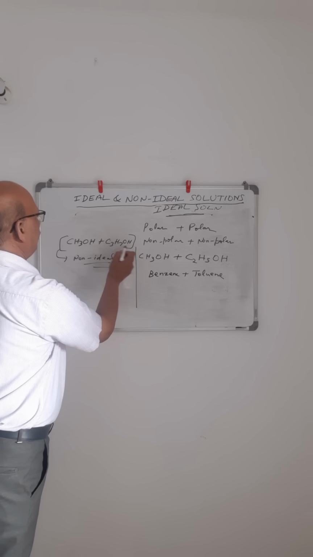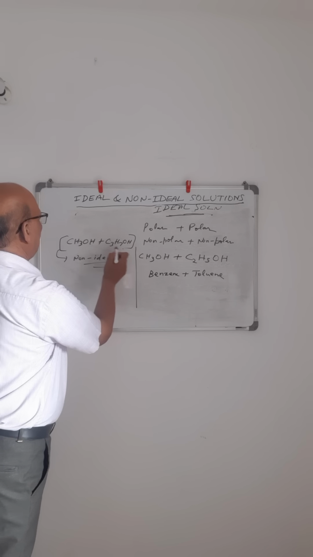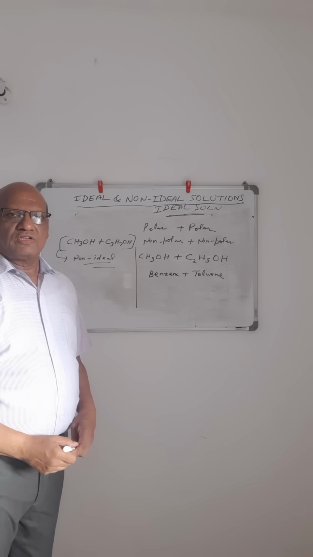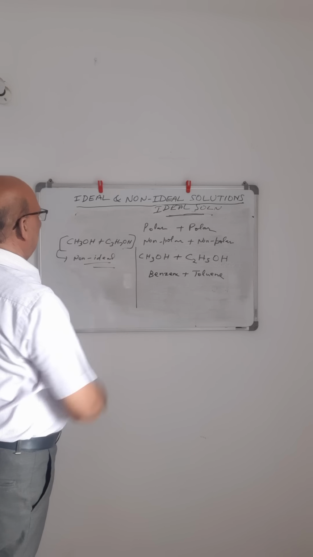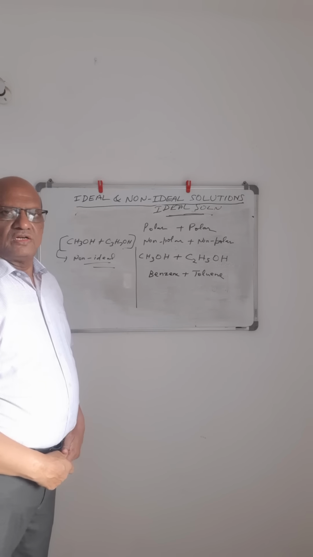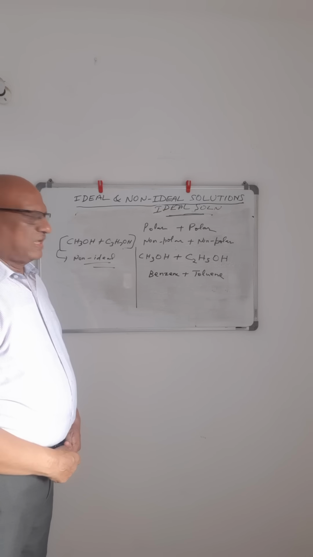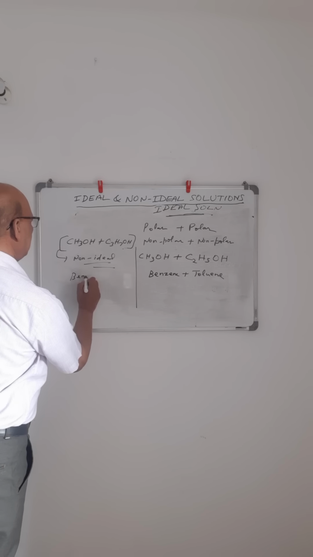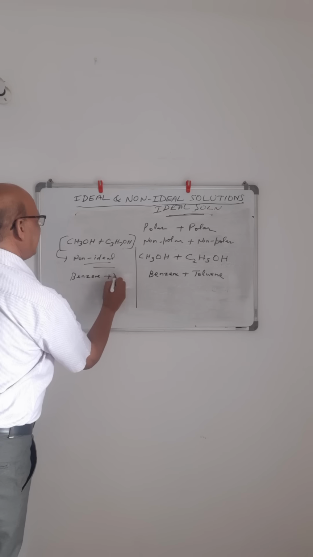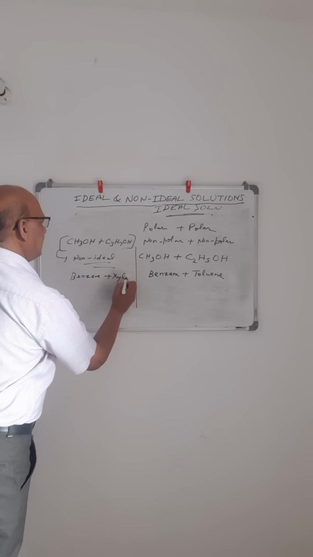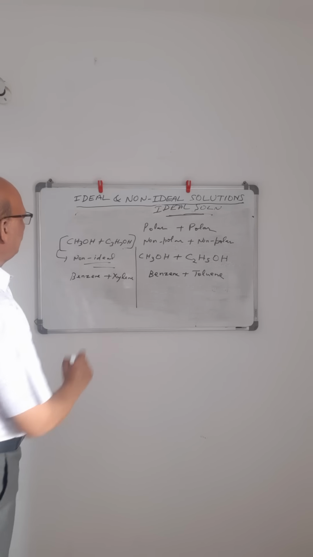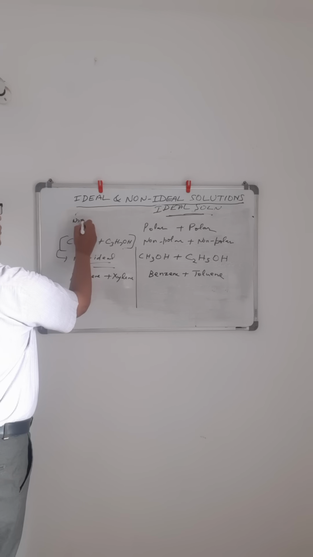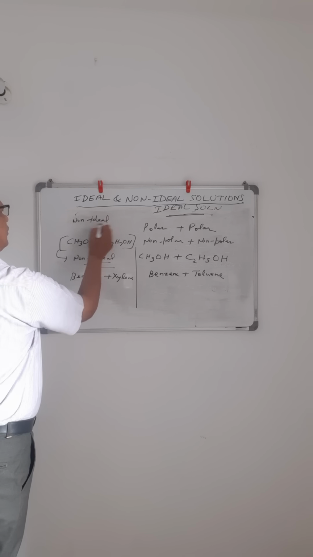Means the molecular mass of propanol is significantly higher than methanol. So the van der Waals forces between the two will be significantly different. So they will not form an ideal solution. Similarly, say I take benzene plus, say, xylene. Instead of toluene, I take xylene. Then also it will not form an ideal solution. It will form a non-ideal solution.